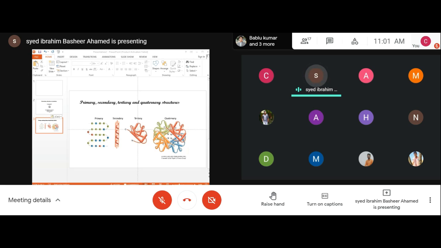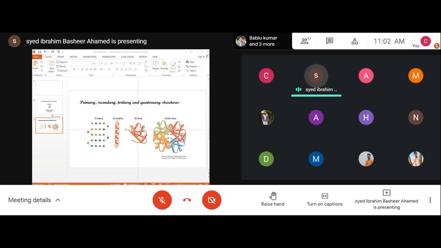What will this signaling peptide do? It will take the synthesized protein to a particular destination. Once it has reached that destination, the signaling peptide is cleaved from the original polypeptide, and the polypeptide folds into its structure. Yes or no? So the amino acid sequence dictates the location of the protein.